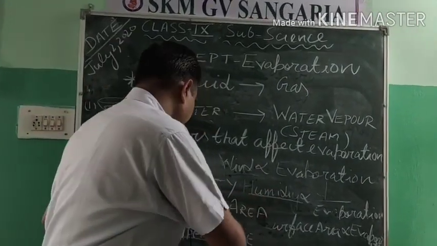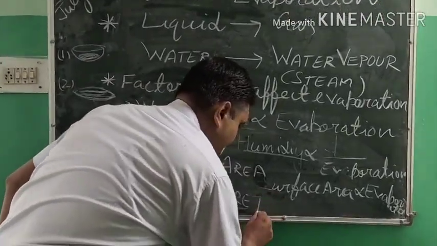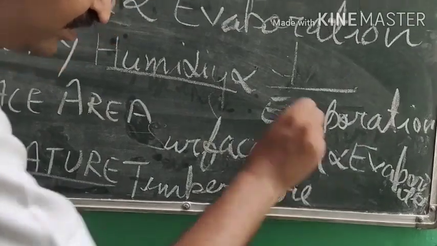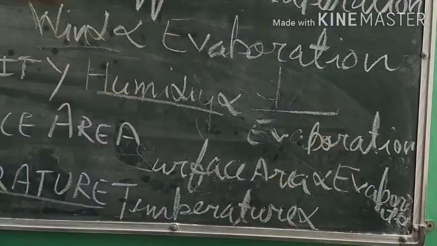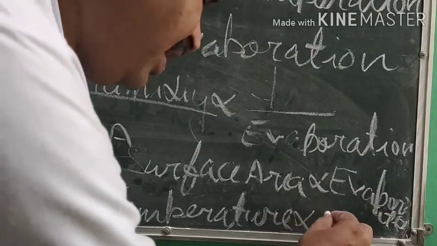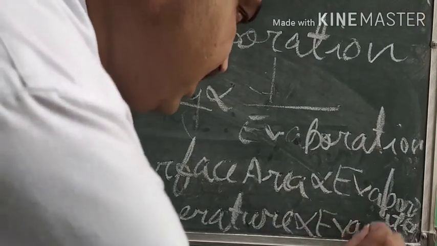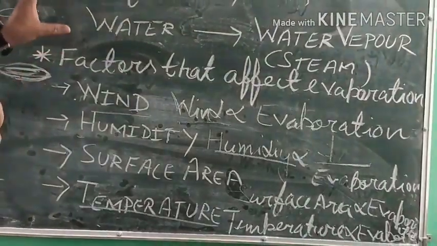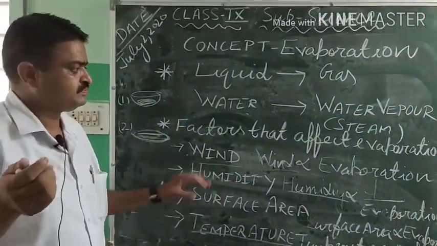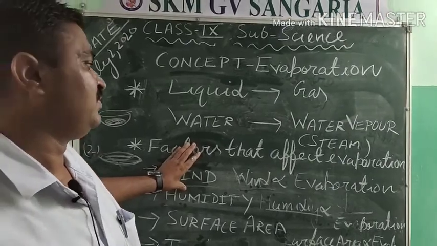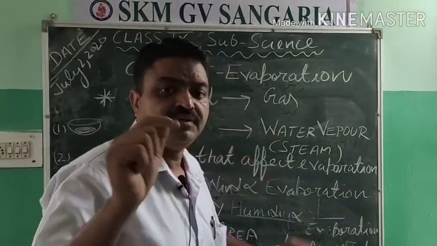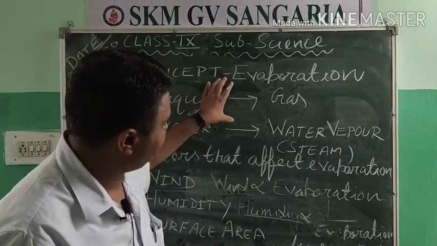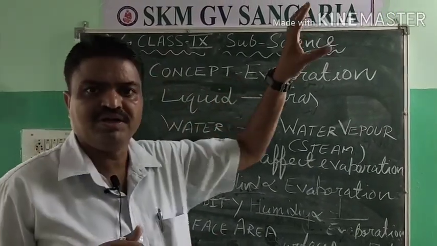So temperature is also directly proportional to evaporation. So students, these are the factors on which evaporation depends. Now we will discuss how it causes cooling.